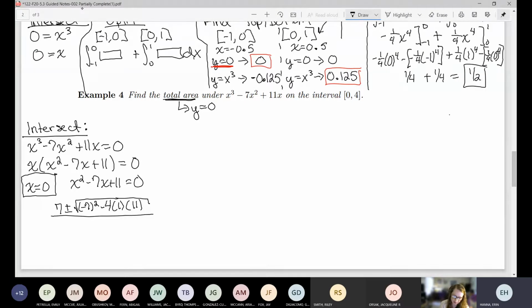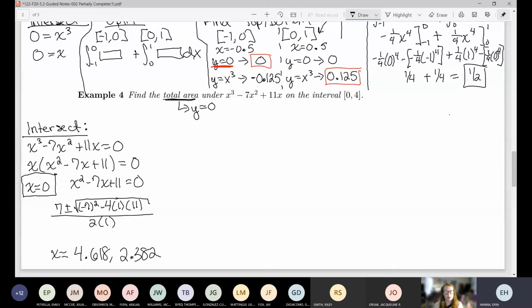I said the letters but wrote the numbers, all over 2a. If anyone wants to see any of the algebra on that, let me know and I can do the algebra out fully. But if you do the algebra, you'll get 4.618 and 2.382. Those are the two numbers we get from using the quadratic formula.